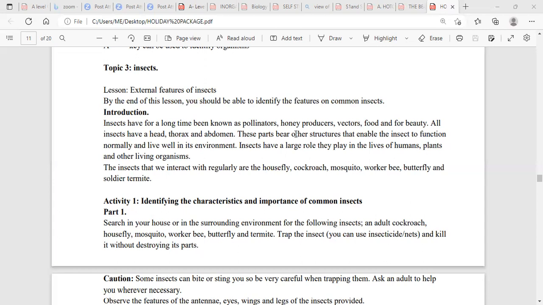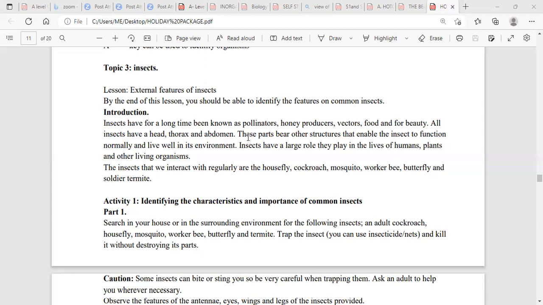That is how we are able to group these arthropods into these classes. Today, under phylum Arthropoda, we look at the largest class, which is class Insecta, consisting of the insects.